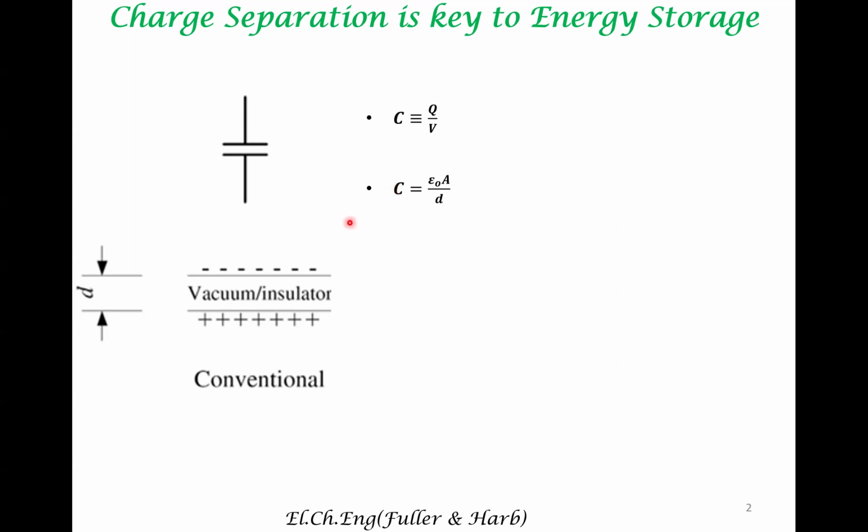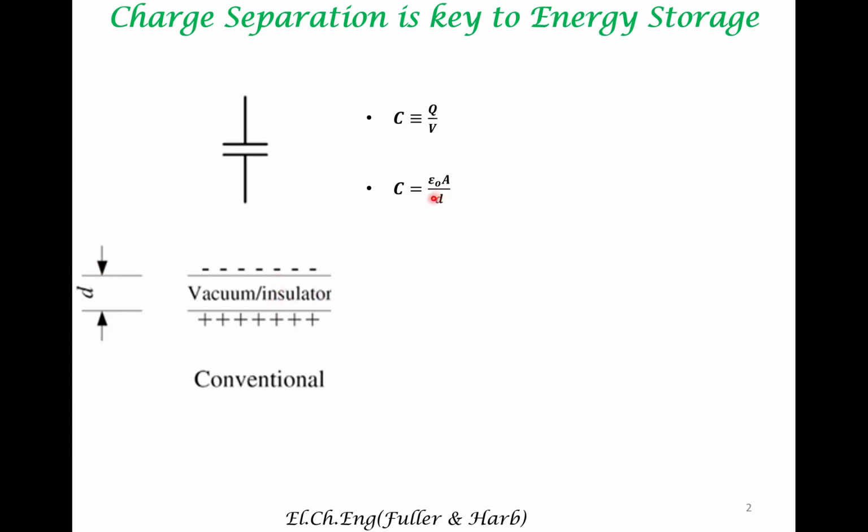You would have also derived the formula for capacitance from elementary electrostatics. So that goes as, for this kind of configuration, capacitance is equal to the dielectric permittivity of vacuum, if there is no insulator between these two plates, epsilon naught times A, the area of the metallic plates, divided by d.